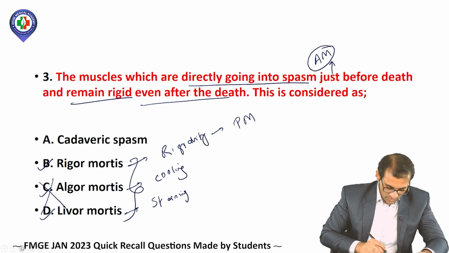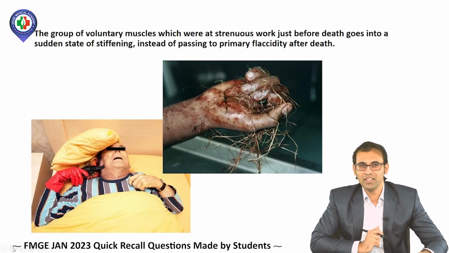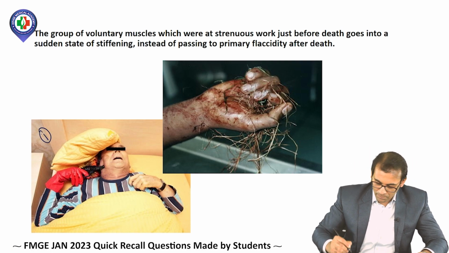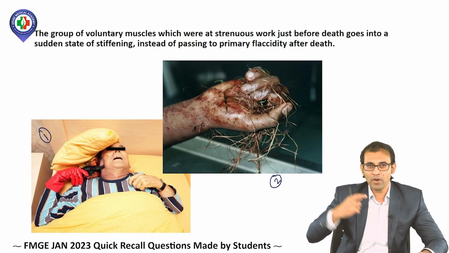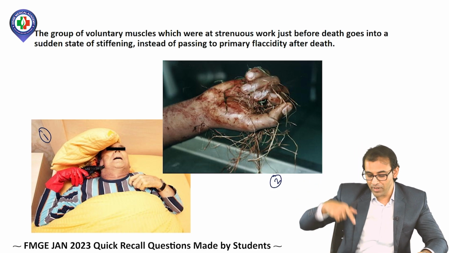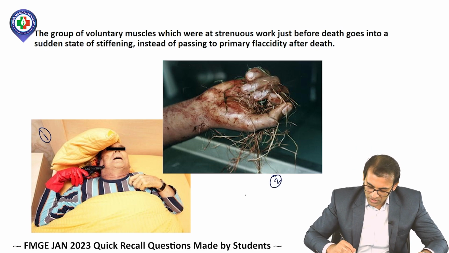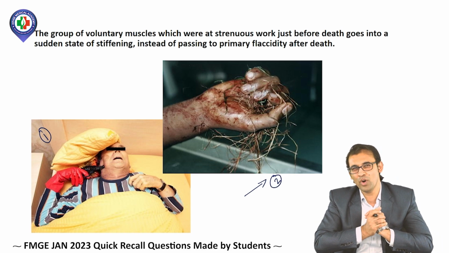Let's understand this one. When you see these pictures, what is your analysis? Picture number 1 and picture number 2. In picture number 1, a person has shot himself. Picture number 2 describes what? Drowning. So when I see picture number 2, I can understand that before death, the person was struggling.